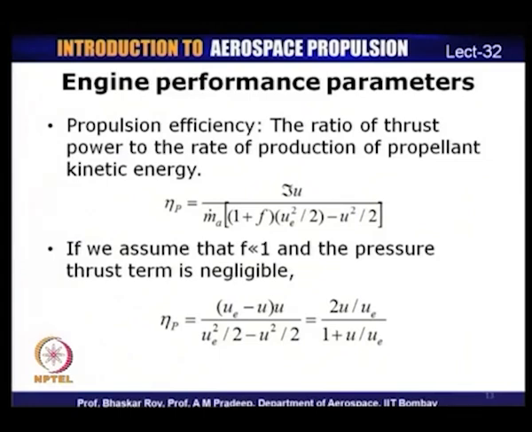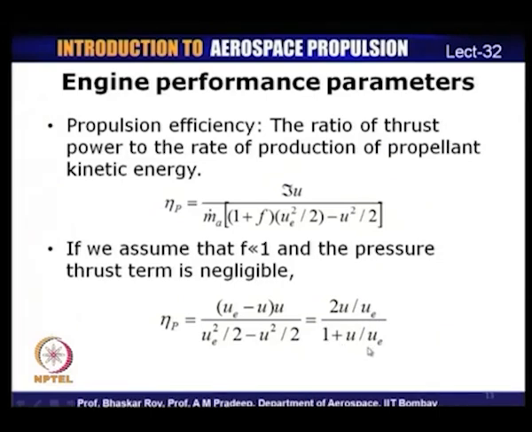Then if we substitute the thrust equation in the numerator, which is m dot a into (u e minus u), and simplify, the propulsion efficiency becomes (u e minus u) into u divided by (u e square by 2 minus u square by 2), which is in turn equal to 2 times u by u e divided by 1 plus u by u e.